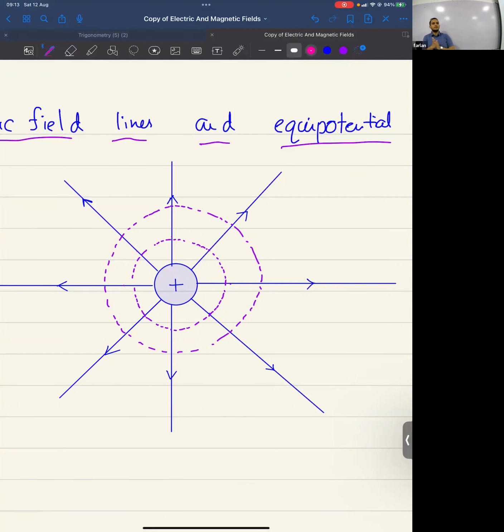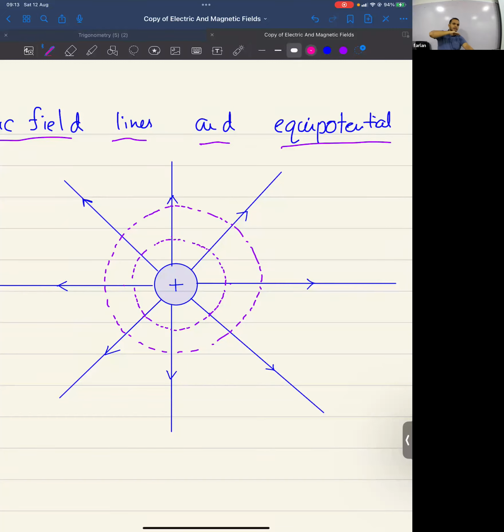Now, guys, electric field lines means the lines which are used to represent the electric field. The name itself suggests it. And the electric field, listen to me.